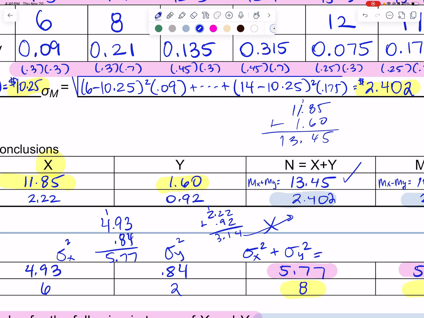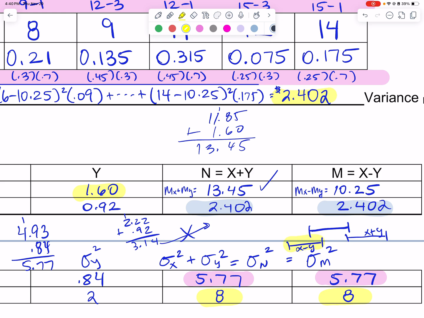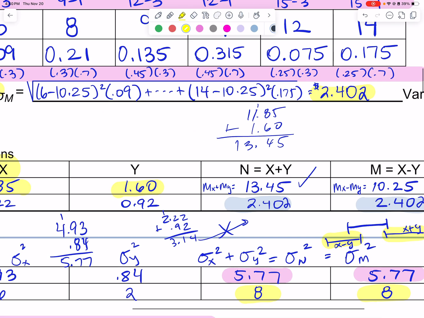That equals the 5.77, which is the N, but it also is equal to the M. So what this is telling me is that if my data is here and I shift it to the right where I add X plus Y, or I subtract X minus Y, you can see that the length is the same. The standard deviation, the distance, is the same. So that's why it's 5.77 and 5.77.